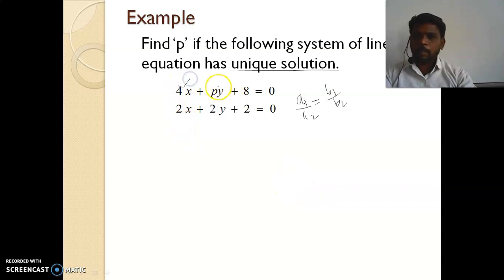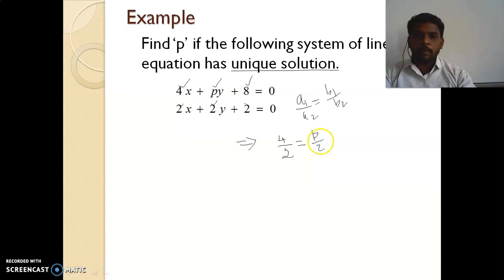So A1 is 4, this one B1, this one C1, and this one A2, B2, C2, right? Now substitute in the formula. So A1 is 4 and A2 is 2, equal to, and B1 is P and B2 is 2.